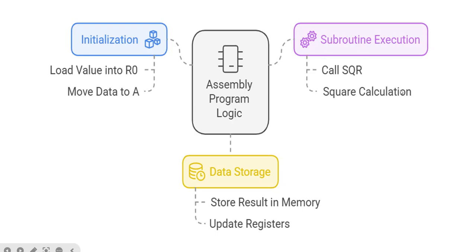In the subroutine we'll be calculating the square of the given number. Once this is done, we'll store the result in the memory and update the register. So the three main steps are initialization, subroutine execution, and data storage.